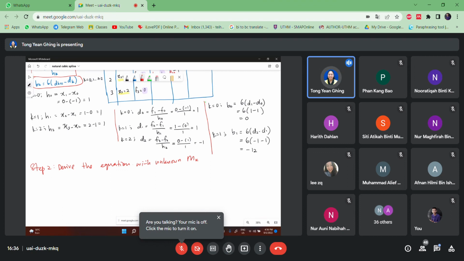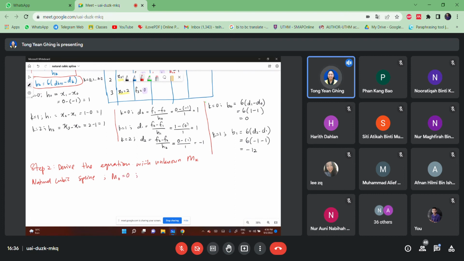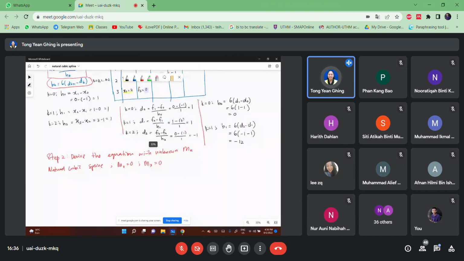And we know that because this is a natural cubic spline, that means M0 is 0, and then MN, N we had just now was 3, so M3 is 0. So we must remember that M0 is 0 and M3 is 0, MN, the last M. Now we key in the formula.